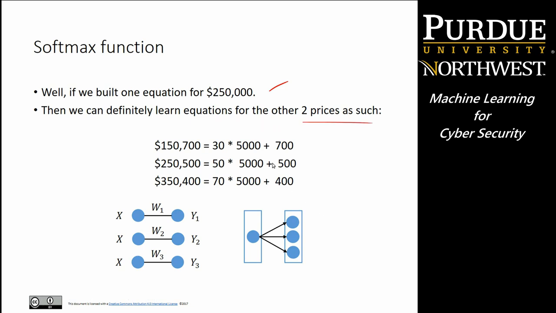So here we have 5,000 as the x. Notice it's the same for everyone, right? So they all share the same x. They just have different w's and they have different biases, right? And that's what allows you to predict different housing prices. So now, whereas before we just had one network like this, now we have 3 separate networks.